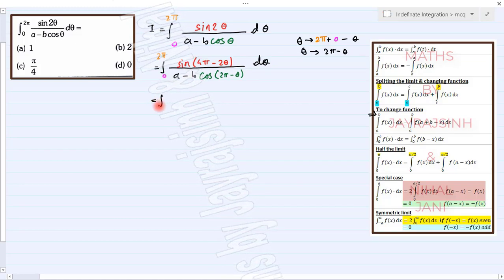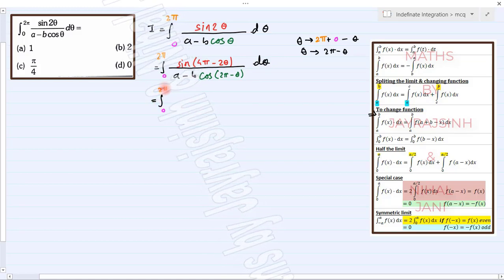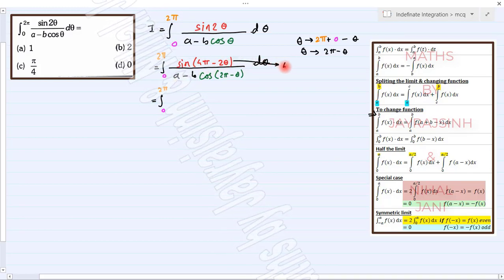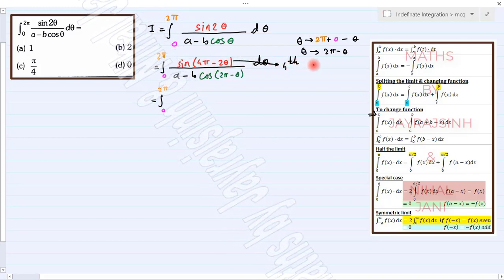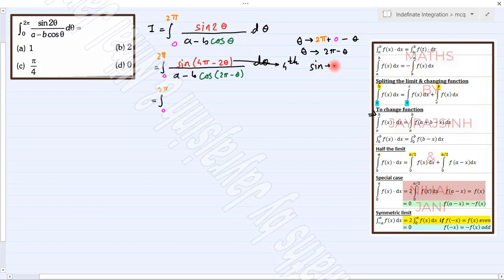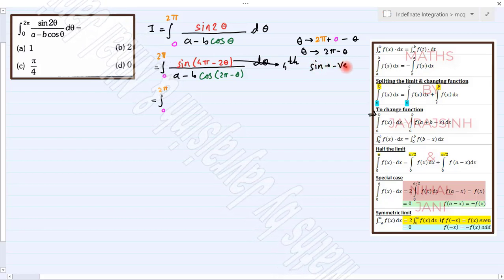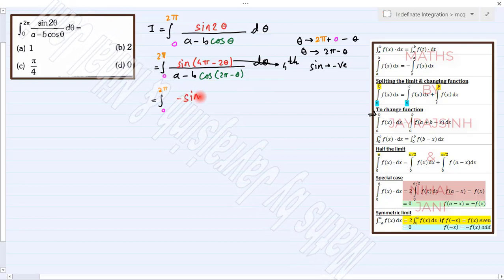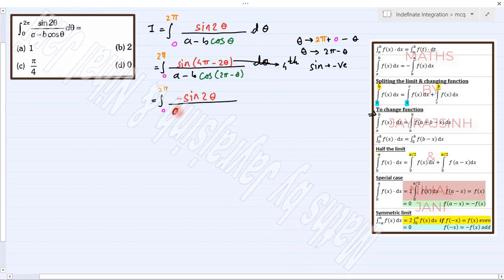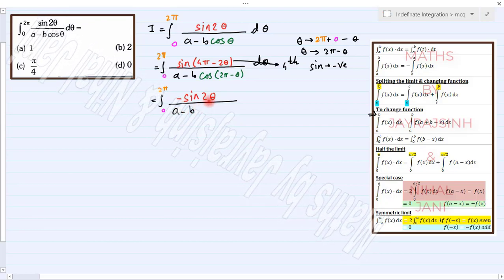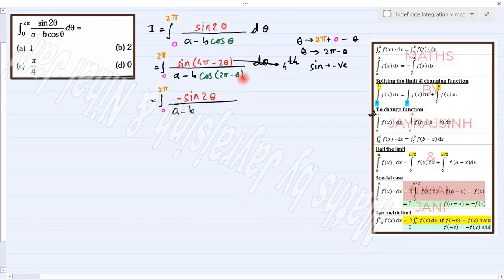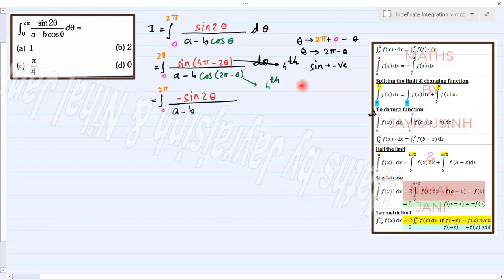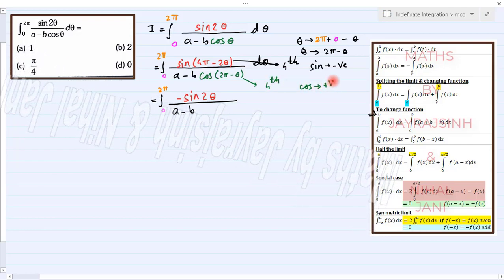Now, we can say 4 pi minus 2 theta is in the fourth quadrant where sine is negative. So sine of 4 pi minus 2 theta will become minus sine 2 theta. And in the denominator, we have a minus b. This cos of 2 pi minus theta is actually again in the fourth quadrant where cos is positive.